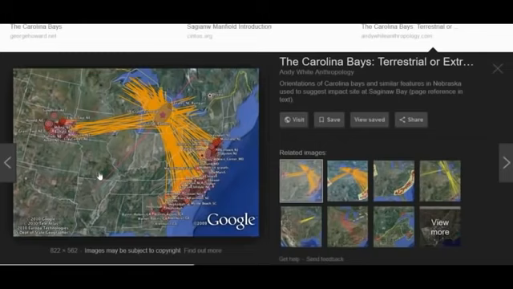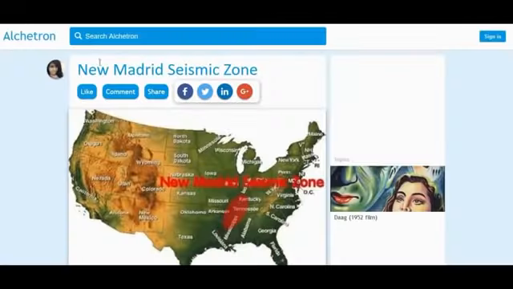There was a pretty significant event that occurred right in this area, and it's actually considered one of the most destructive events in United States history, and it's called the New Madrid earthquakes of 1811 and 1812, and this is the epicenter.